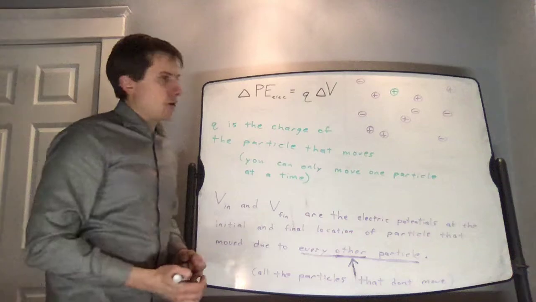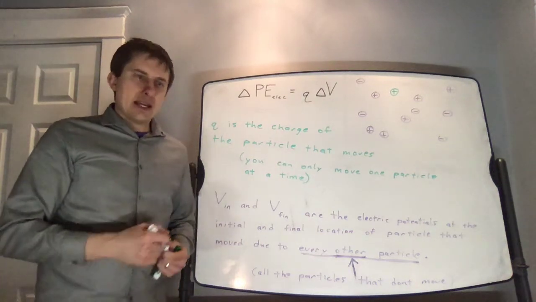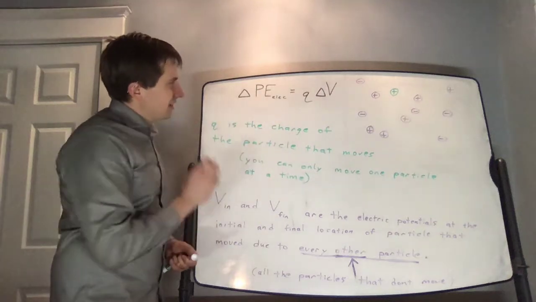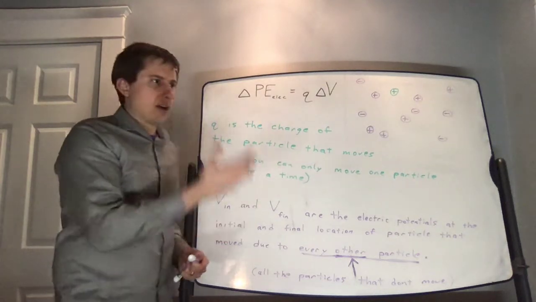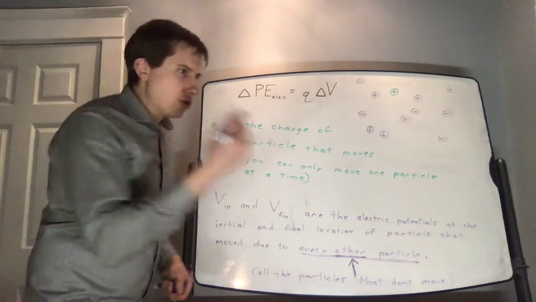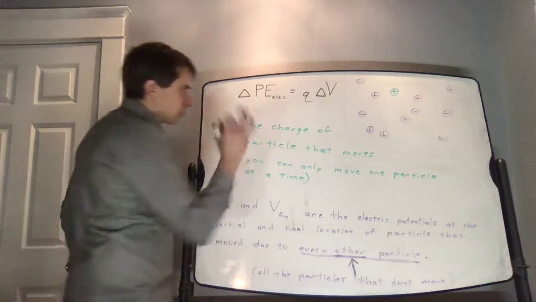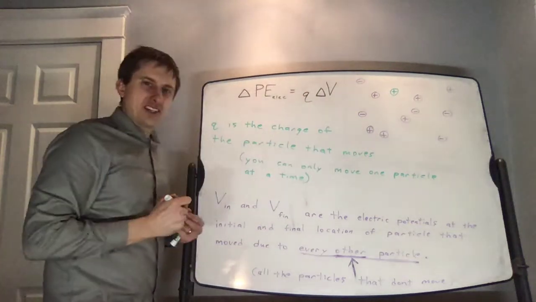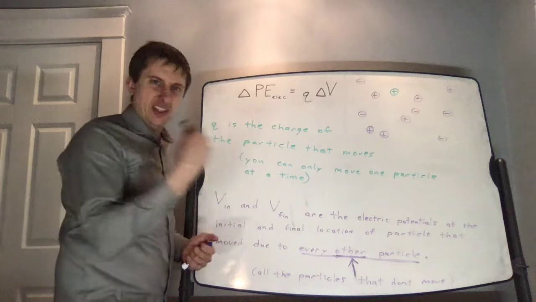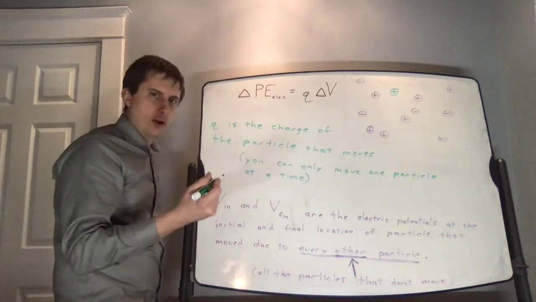You might notice that one of the particles I drew in this picture is green. Now, let us say this is our initial configuration of particles in our system. But let us then move the green particle to a new position. So I could say right now, based on this system of charged particles, there will be some amount of potential energy associated with the system of particles.